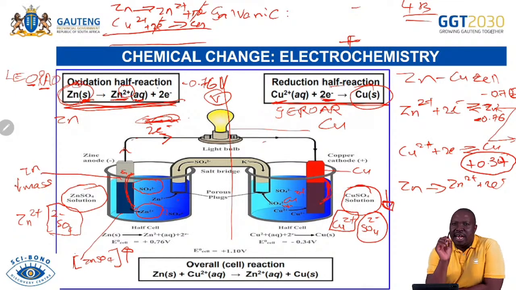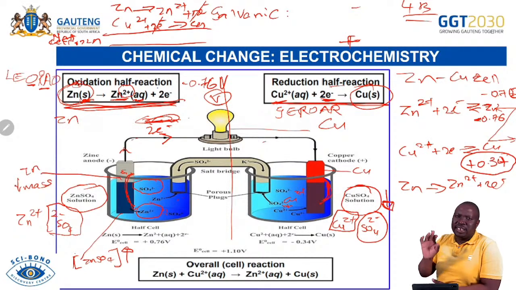Remember, all the time, before you write the net cell reaction or overall cell reaction, you must ensure that the electrons are balanced, or equal. If they're not equal, you must multiply so that they become equal.